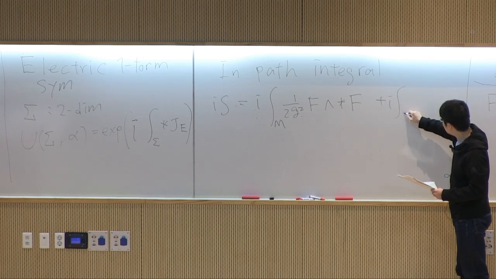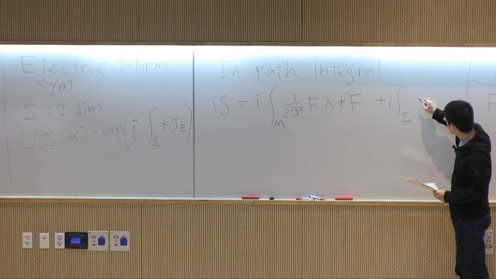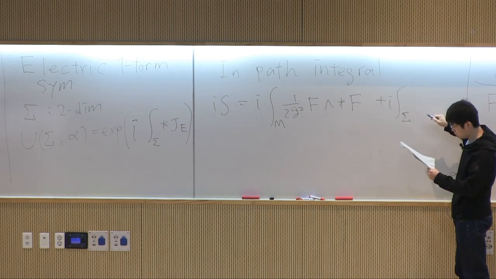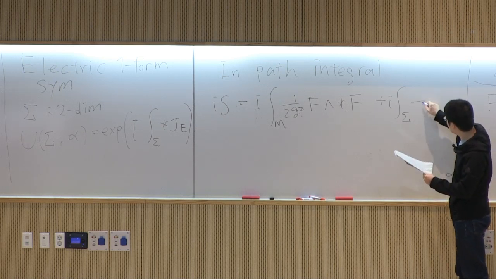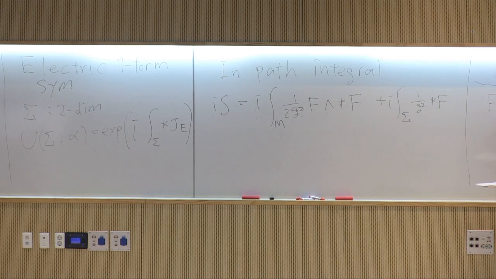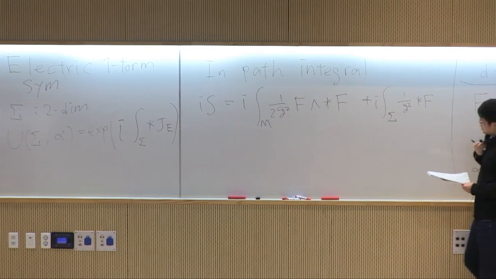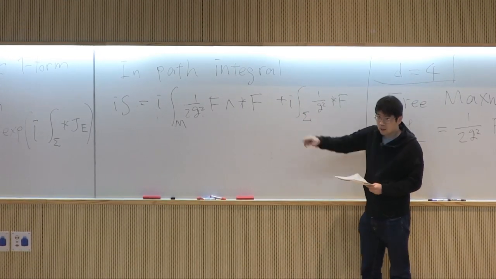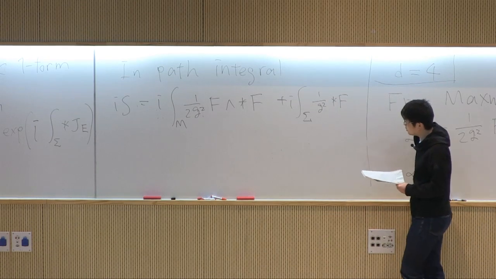So we have an integral of the electric current over this surface, and the electric current was given by 1 over g squared times the Hodge dual of the field strength. So this is the action in the presence of the electric symmetry operator.